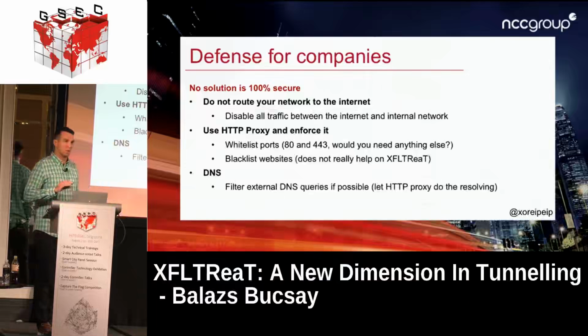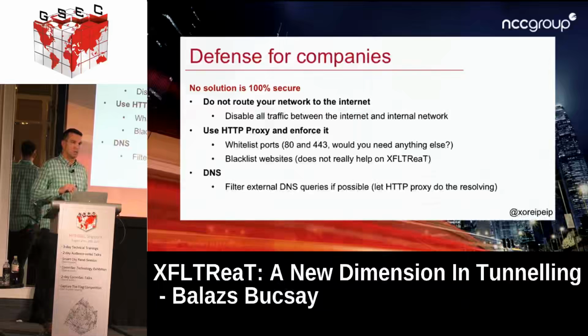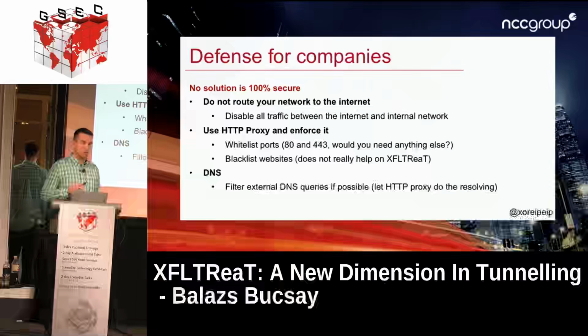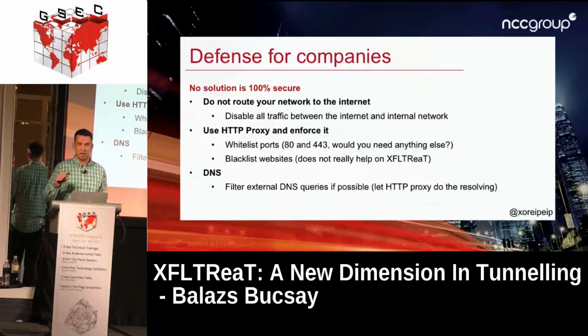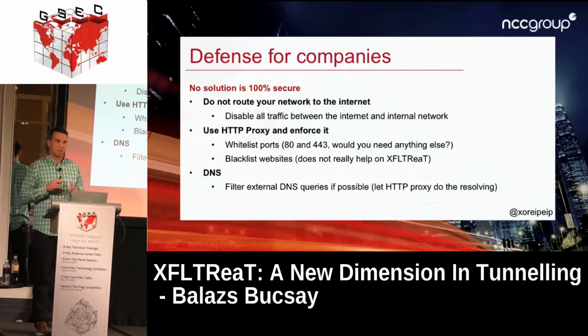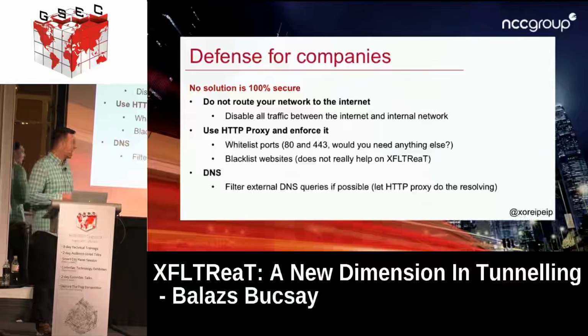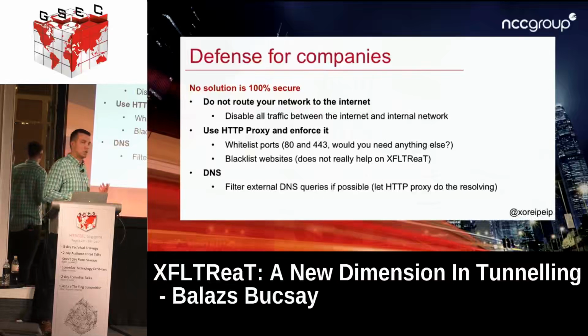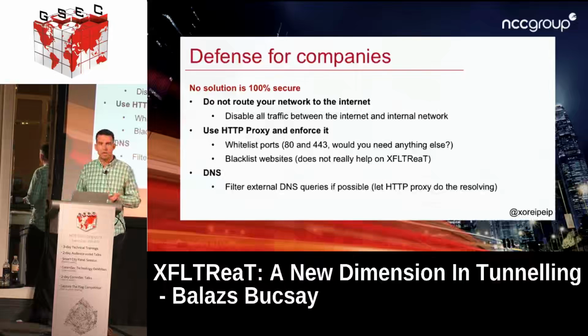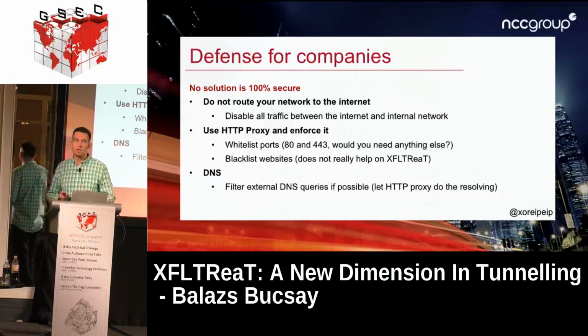Your internal network should be internal only. You should set up a set of proxies which have unfiltered internet access, and all the clients should be enforced, not just the clients, the servers themselves. Servers, workstations, clients, guests, everything should be enforced to use HTTP proxies. And on the HTTP proxy, you should do whitelisting on port 80 and 443. The employees usually don't need anything else.